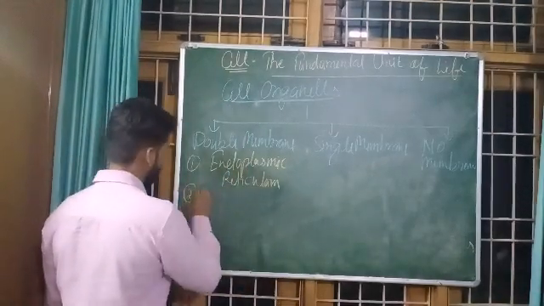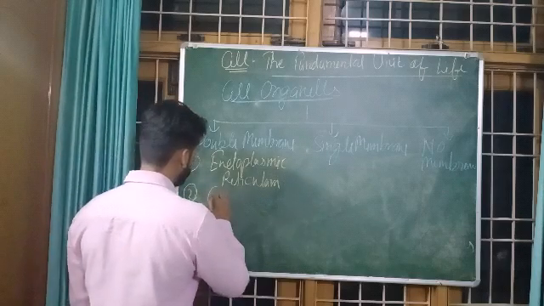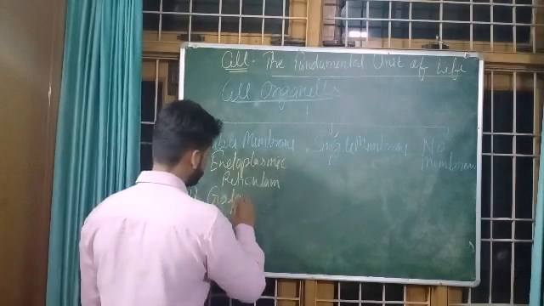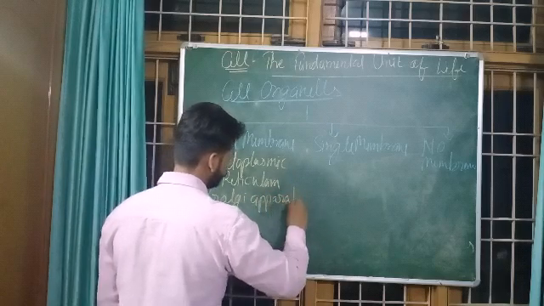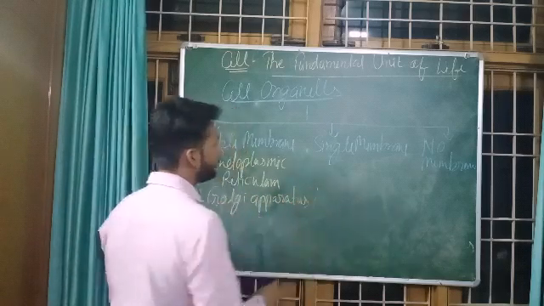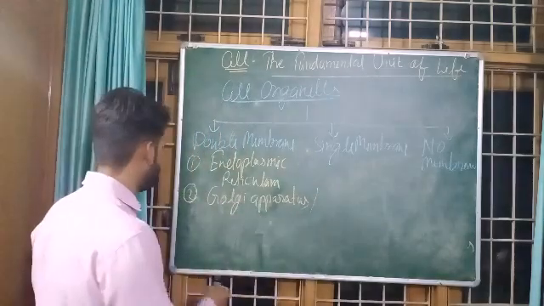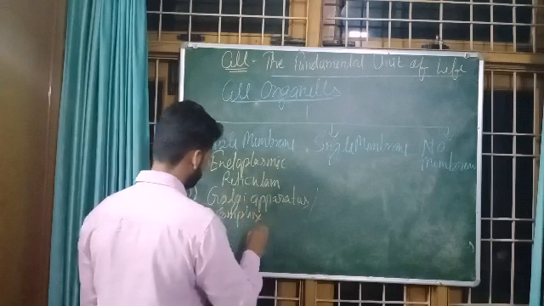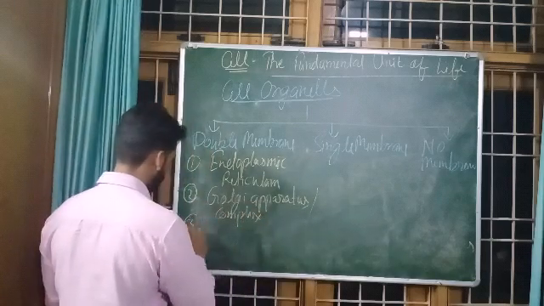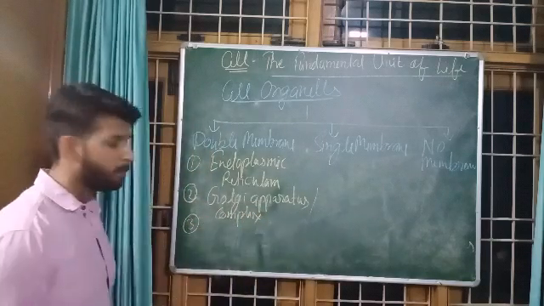Next is Golgi apparatus, or we can say Golgi complex also. Third is mitochondria.